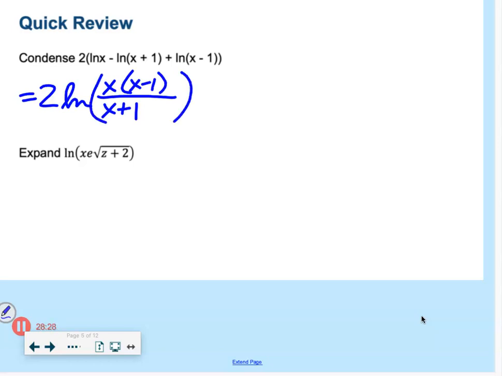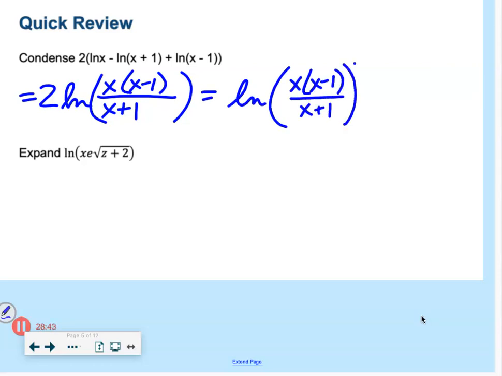What do I do with the 2? Becomes an exponent, right? 2 becomes an exponent. So this is ln of x times x minus 1 over x plus 1 squared. Yes, you can.